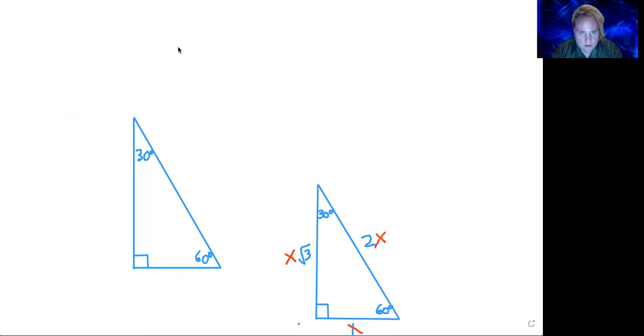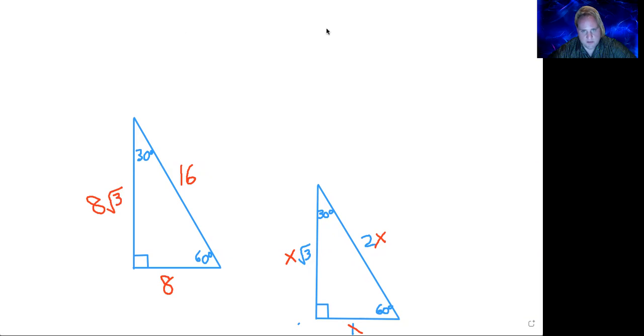Let's start with a hypotenuse of 16. Matching it to this diagram, this looks like 2x. So that would mean that x would have to be 8. X is 8, looking here again. Then we have x root 3. That, of course, is if everything's oriented in the correct direction.